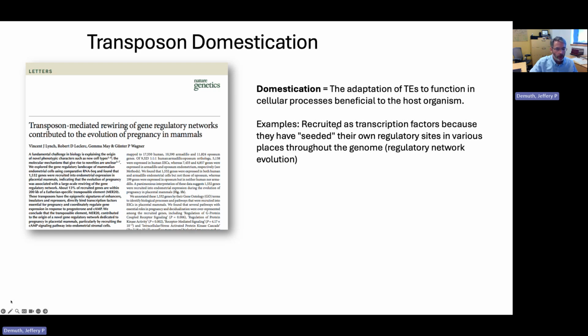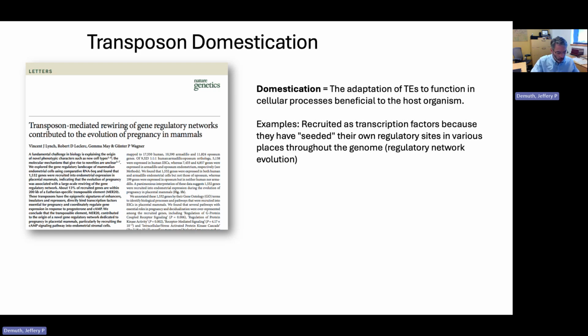They tend to be recruited as transcription factors because many transposons recognize themselves as targets for the transposon machinery. So they're sort of seeding their own binding sites all over the genome. And so if they're located in regulatory elements for a protein coding gene, then they have the ability to either cut that regulatory site or modify the expression of that gene in some way.